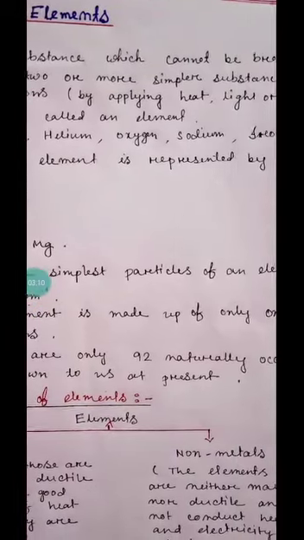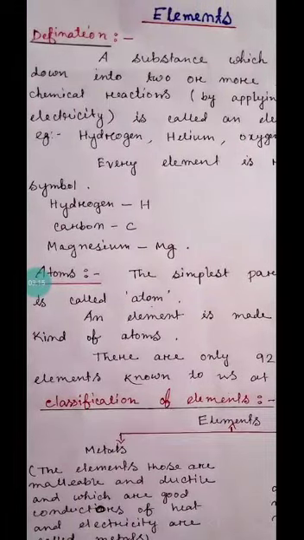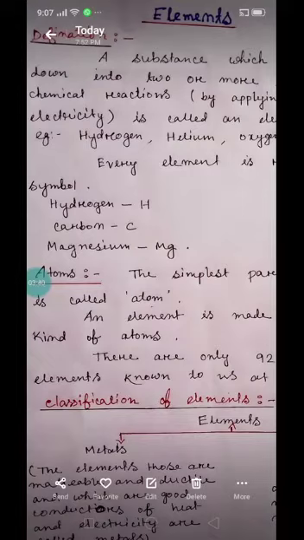An element is made up of only one kind of atoms. That means, if we take the example of sulfur, then sulfur is made up of sulfur atoms only. If we consider its different states, liquid, solid, and gaseous state, then also we will get sulfur atoms only in liquid sulfur, as well as in solid sulfur and gaseous sulfur.